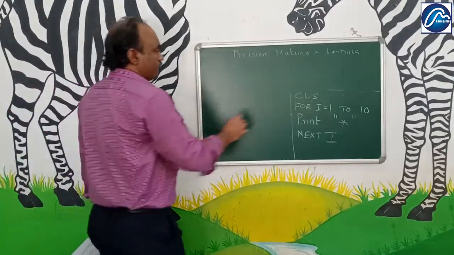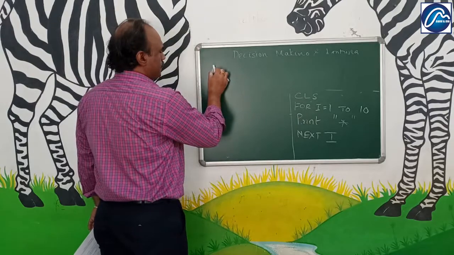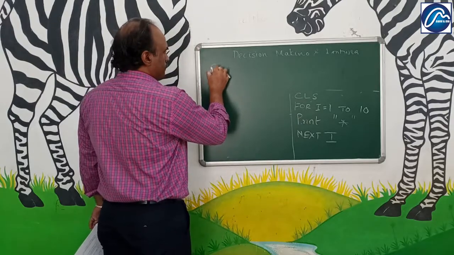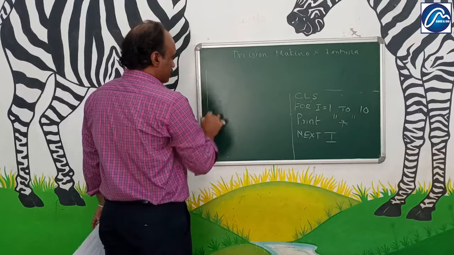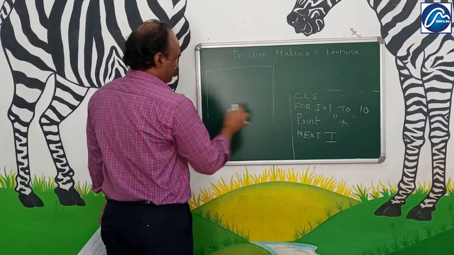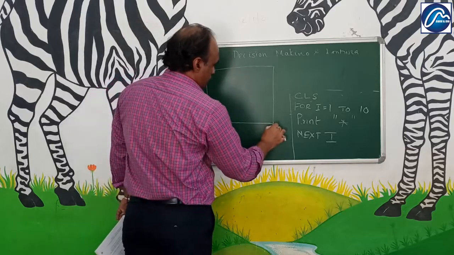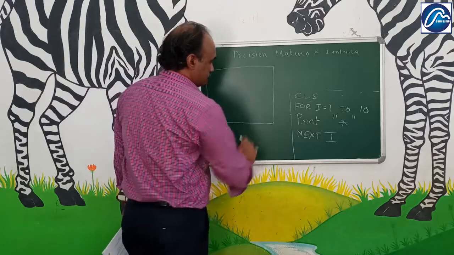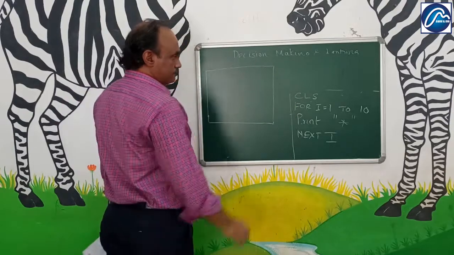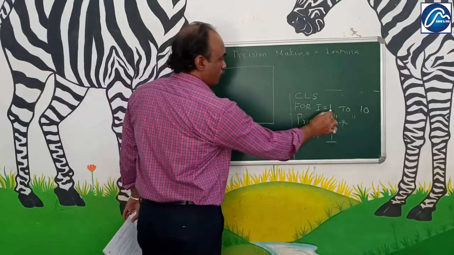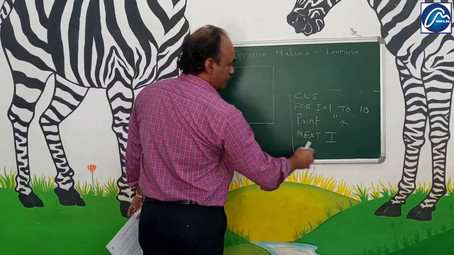Now, when I run the program, the first thing I get is a clear screen. A new screen comes here. Suppose this is the monitor. How does for next work? The screen is new because of CLS. For I is equal to 1 to 10, this is the for next statement.